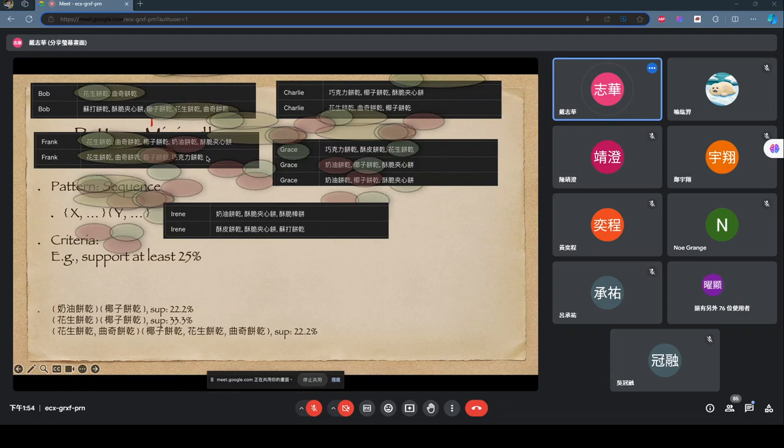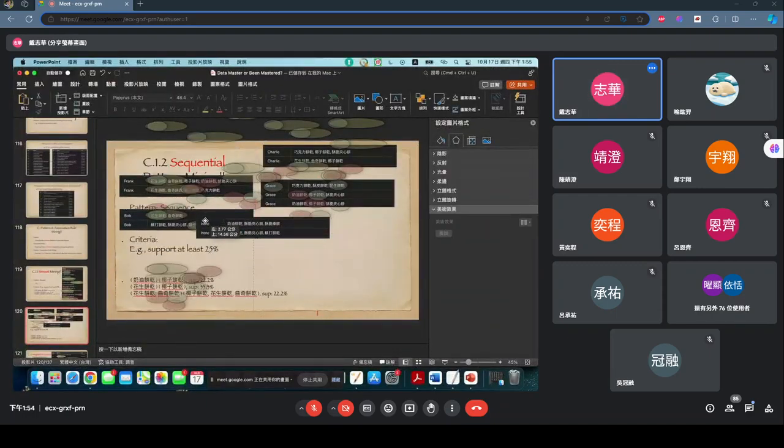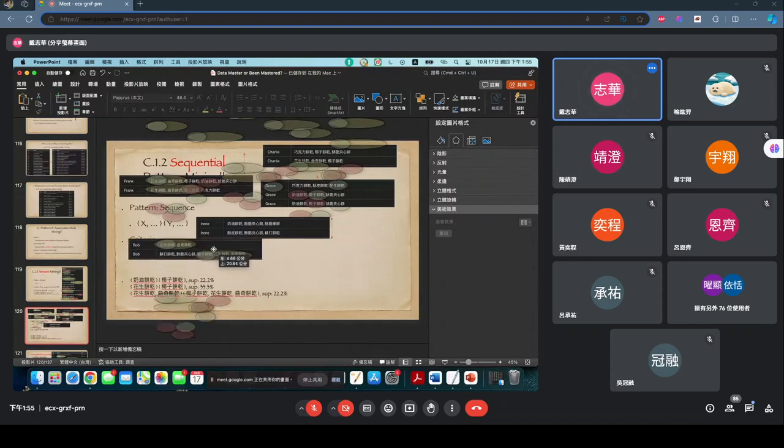It means I generate the first transaction, and then I have the following transaction too, the second or even the third.